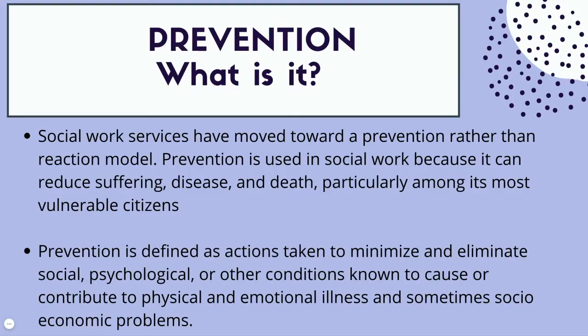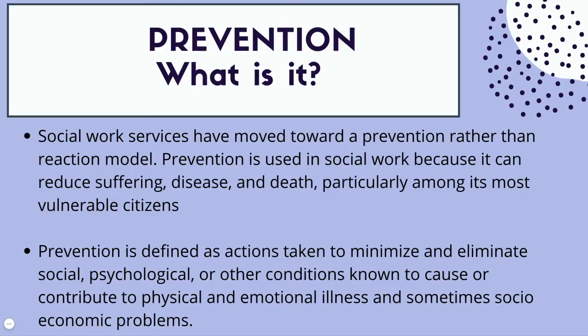The whole purpose of prevention is minimizing risk. Minimizing risk for a variety of different illnesses, minimizing risks for a variety of different behaviors, so that these physical, emotional, and socioeconomic problems don't grow into big, big, big problems. So prevention works. And we're going to talk about why it works, and what some examples of prevention work are.